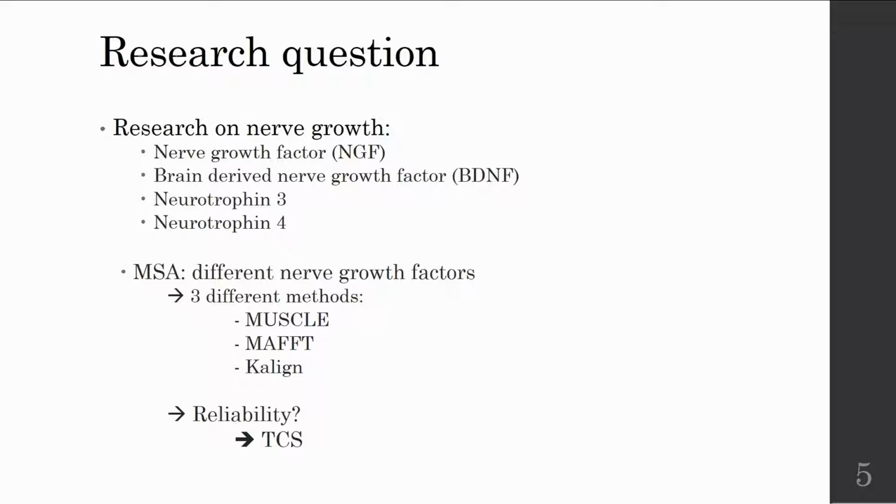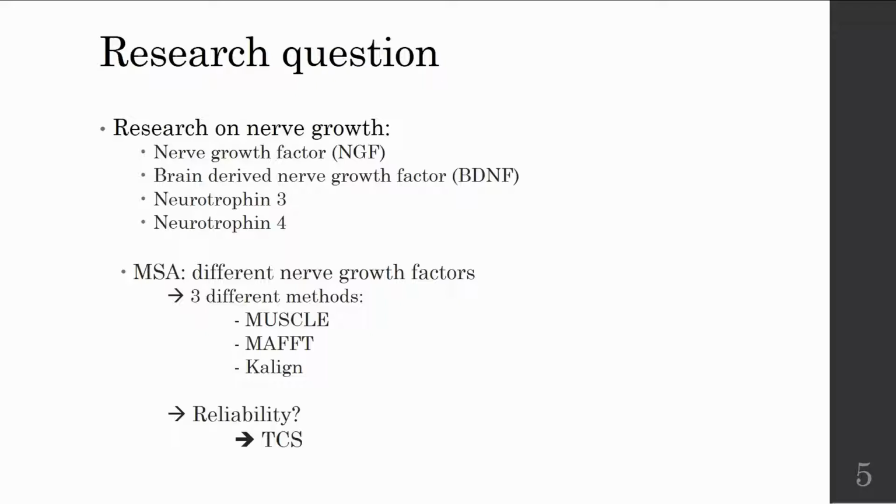Now I'm going to explain the tool with a research question. The research in this case is the research on nerve growth factors. It is going to be analyzed. So what they did is they tried to find the relatedness of these 4 nerve growth factors, and they performed a multiple sequence alignment using 3 different methods.